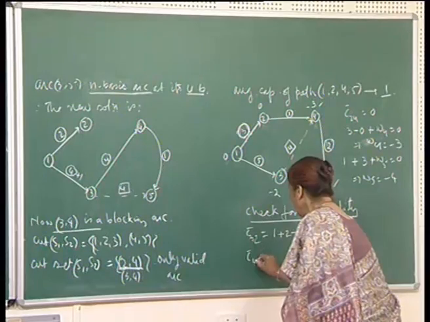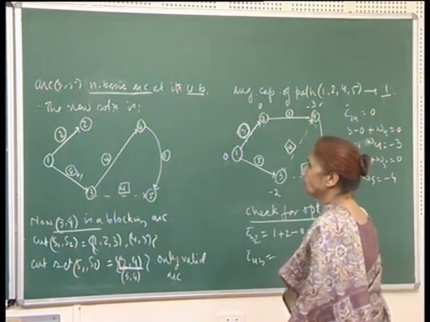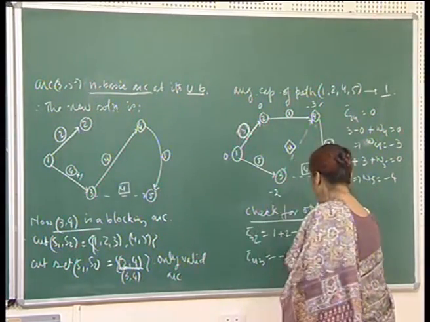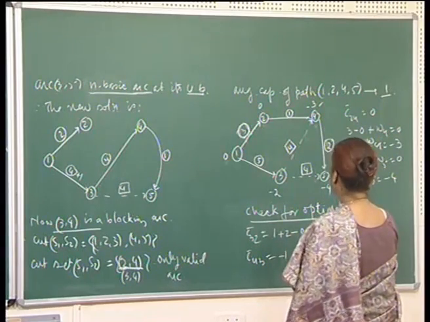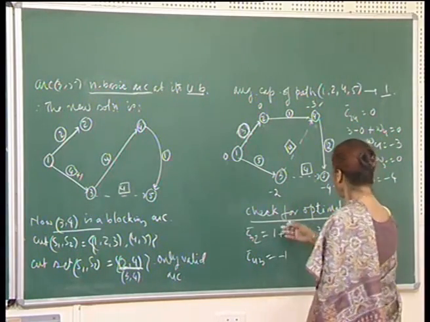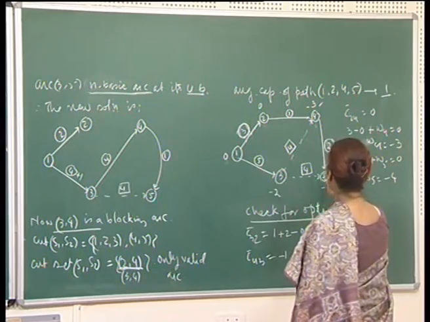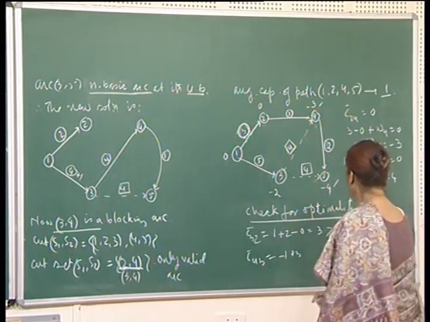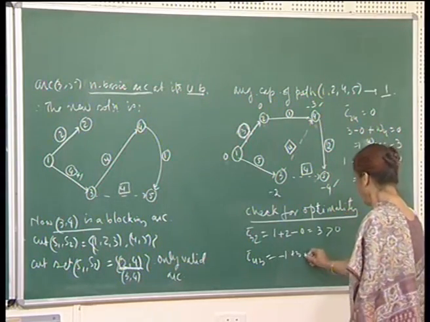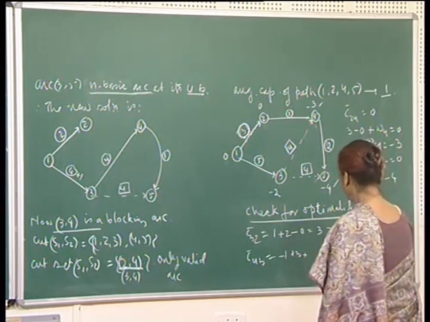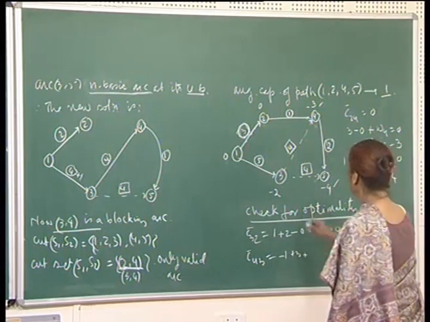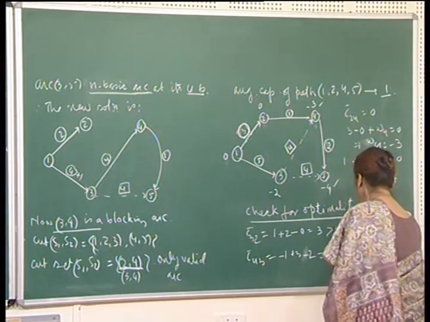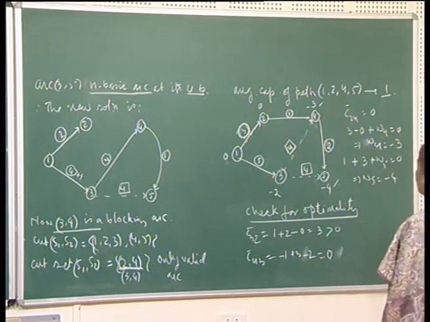So, C bar 4 3: the cost is minus 1, minus W 4, so plus 3, plus W 3. W 3 is how much? W 3 is minus 2, which gives 0. Okay. So, again the optimality criterion is satisfied.